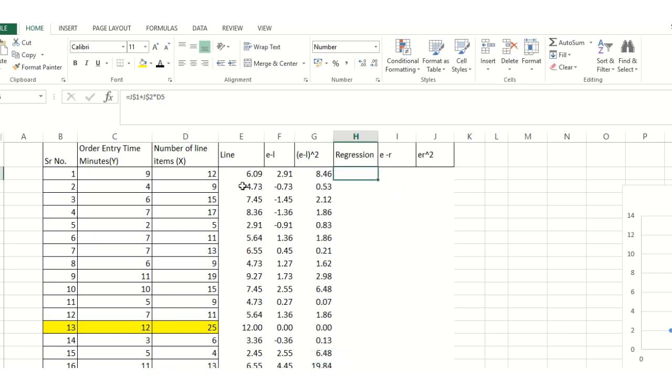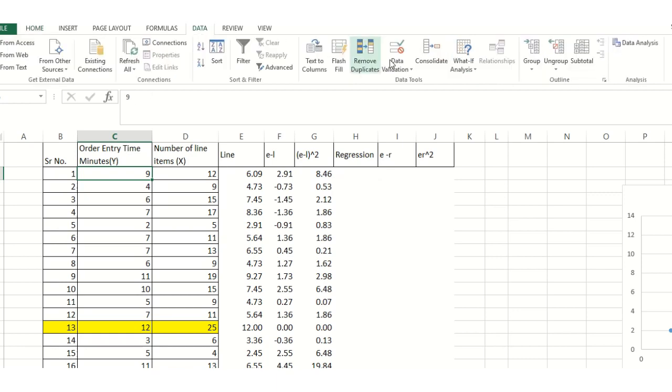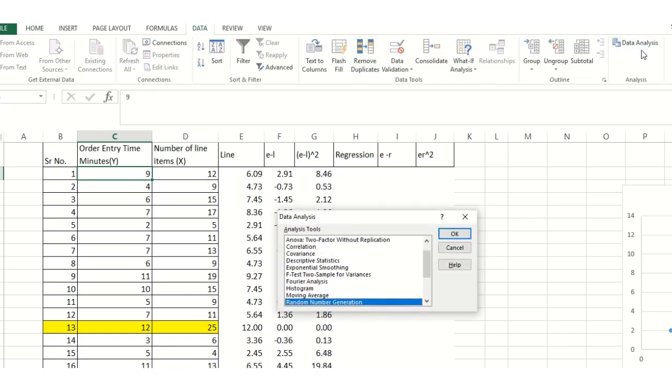So I'm just going to Data Analysis. Now you will see all these options, where you can calculate correlation. So we are going to calculate regression here.